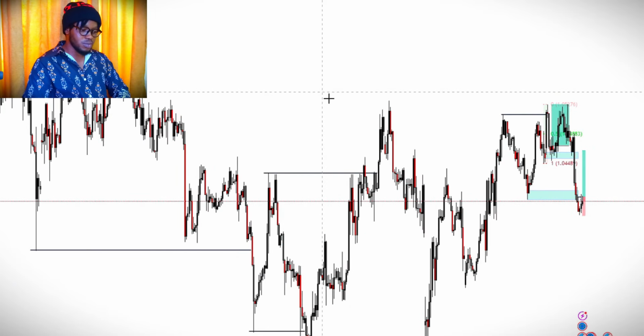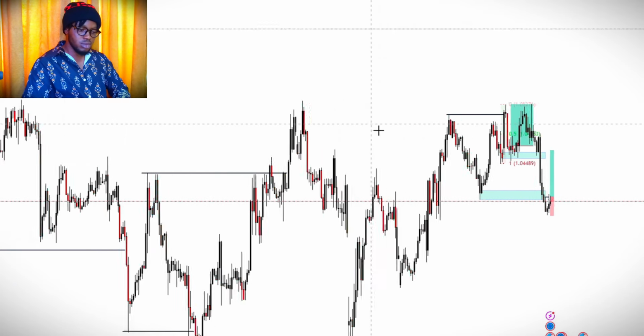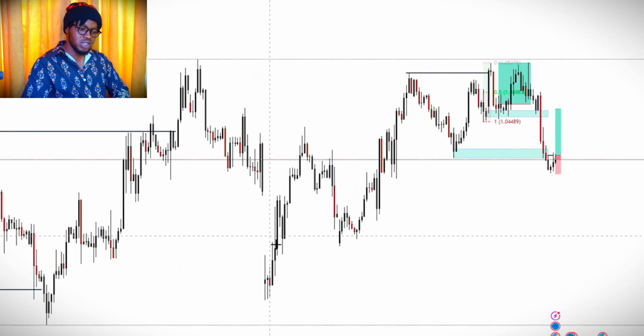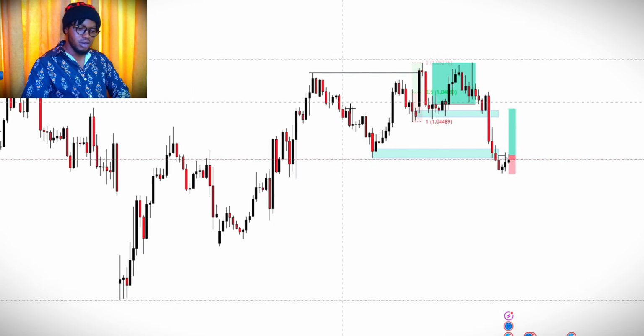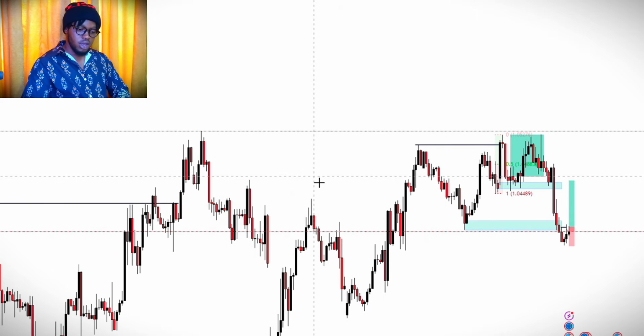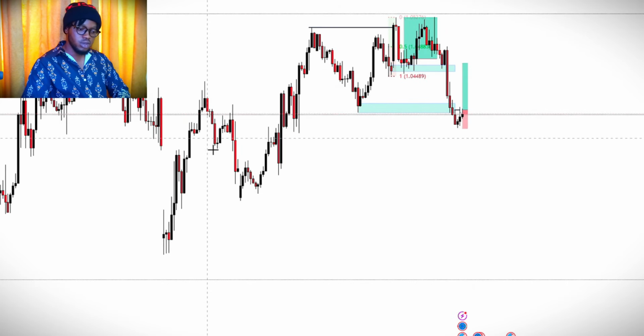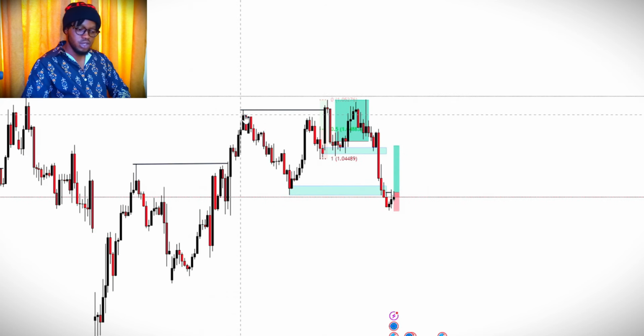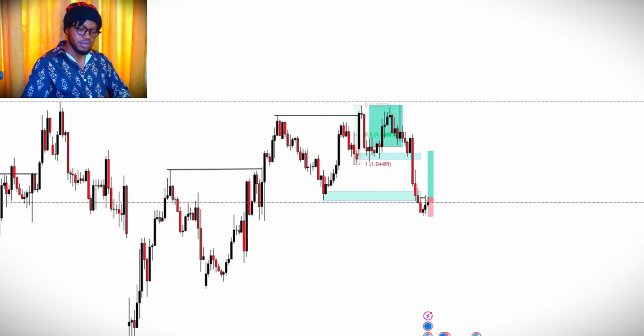All right, so you can see clearly after that shift of structure, a retracement and a break of structure. Let me mark this out. A break of structure right here, break of structure, a retracement, and now let's go down to the 1 hour time frame.